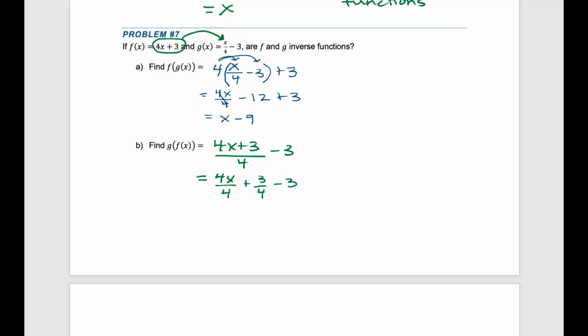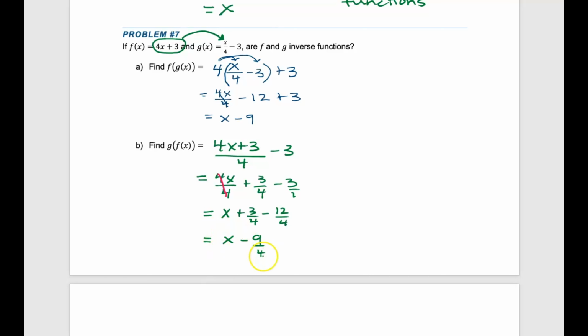We can see that our 4's divide out, and that's going to leave us x. But now if I have 3/4 minus 3, with a common denominator of 4, I would have 3/4 minus 12/4. When I combine those together, I get x minus 9/4.